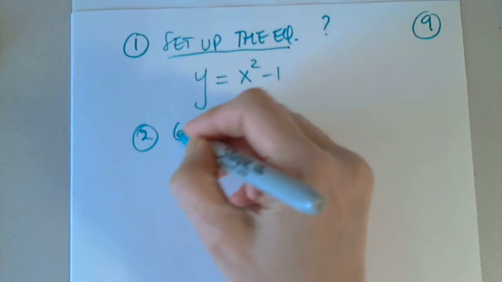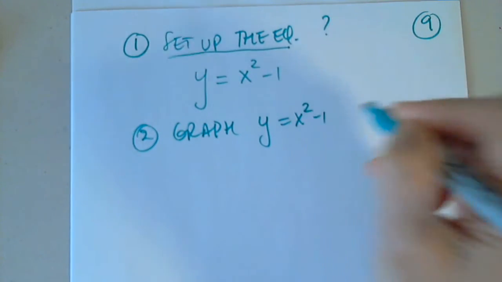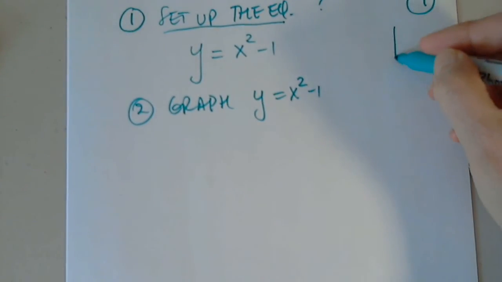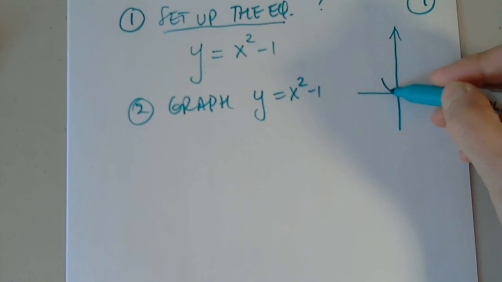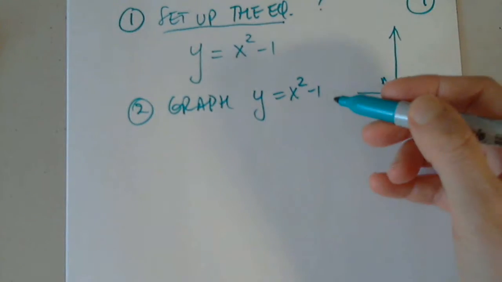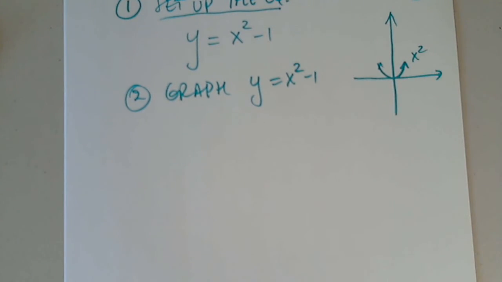This we have a lot of experience with. So in step 2, graph y equals x squared minus 1. We graph this so many times using transformations. It's x squared. And what transformation is this on x squared? X squared minus 1, where do I take it?